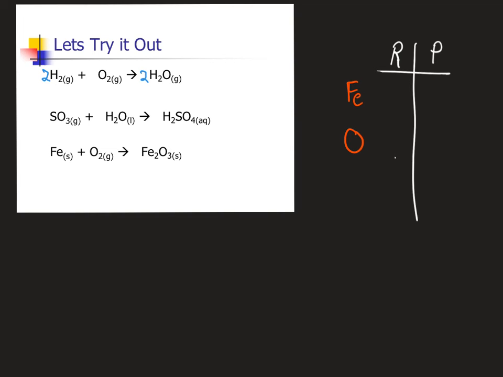It's pretty simple. There's only a couple things. You're like, all right. Well, we go from having 1 iron on the reactant side to having 2 on the product. I have 2 oxygen on the reactant side and 3 on the product.